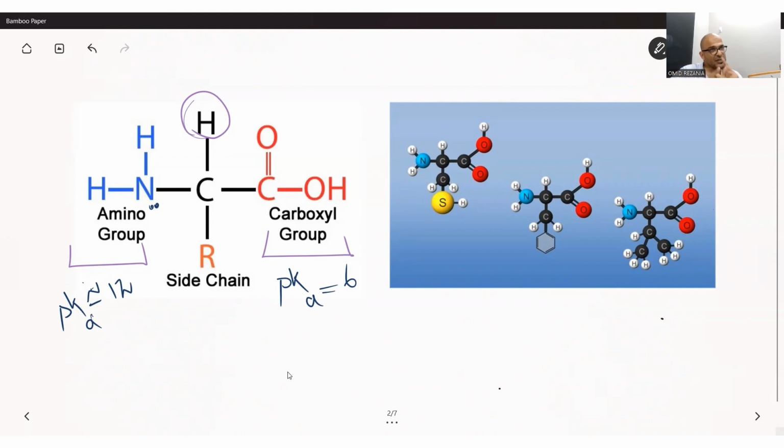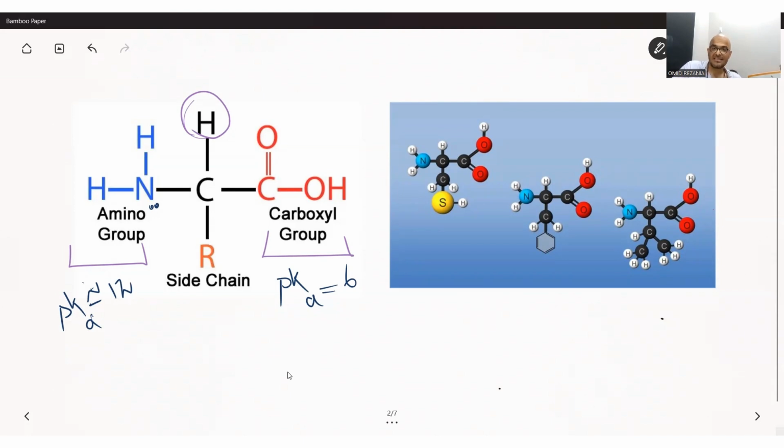They have acidity. Which one is a stronger acid compared to the other one? It is the one which has a lower pKa value. Remember the previous session? We said that the lower the pKa value, the stronger the acidity.